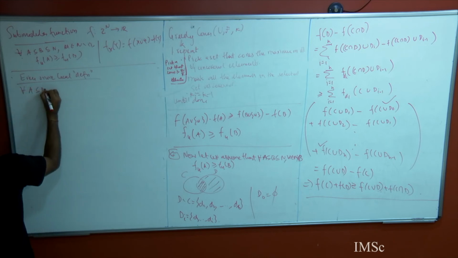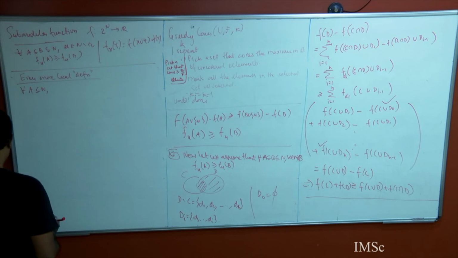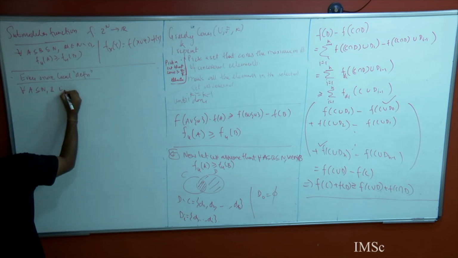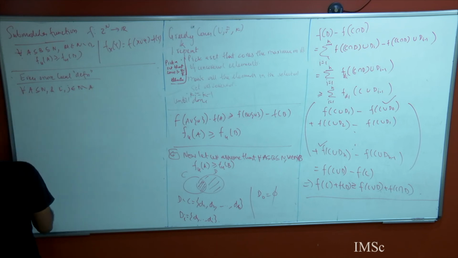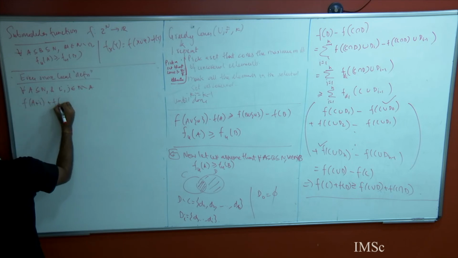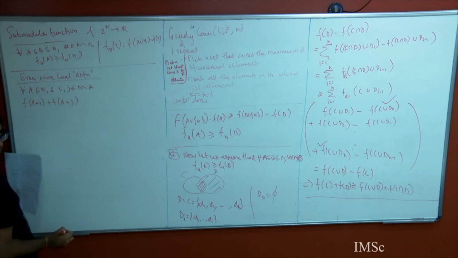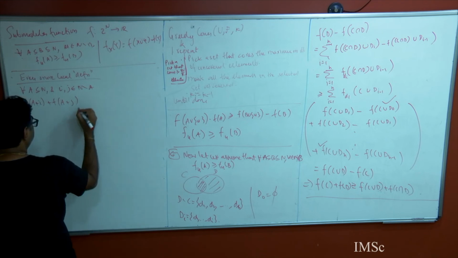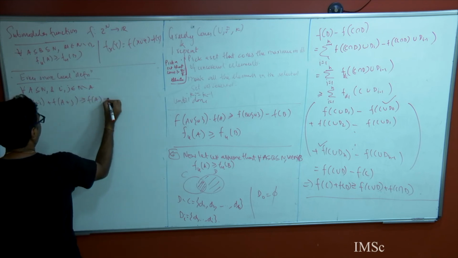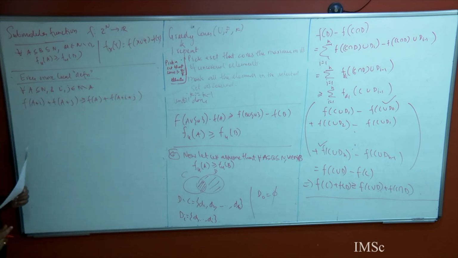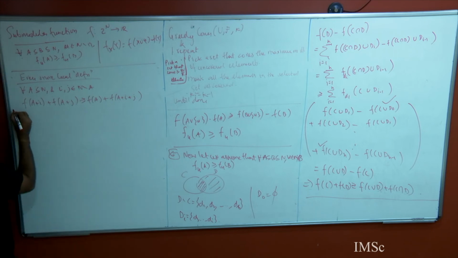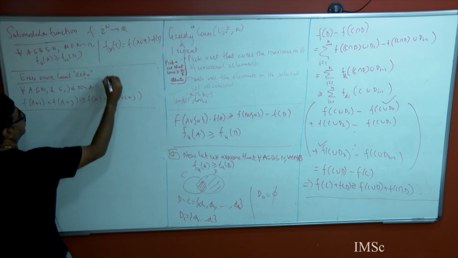For all A subset of n, and i, j in n minus A, you add i to A, add j to A, and this quantity is at least what you hope for. Try to prove that they're equivalent. Exercise.